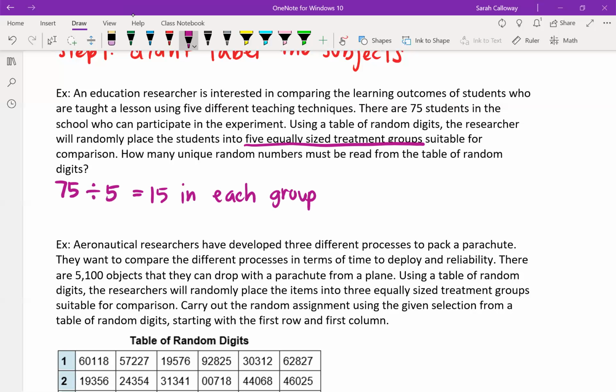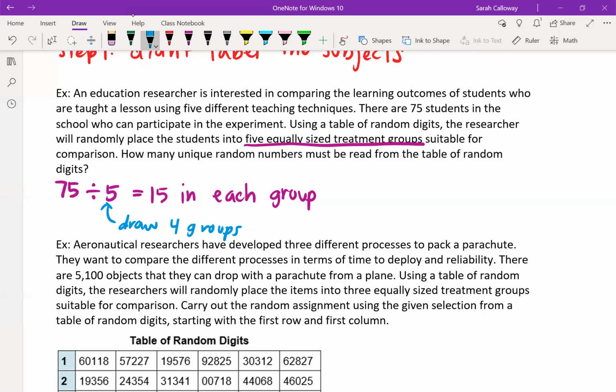When I'm drawing the names, I actually only have to draw for 4 groups. The reason being is that once I've got my fourth group drawn, I only have 15 names left. I don't have to draw those numbers or select those numbers to tell who's in that group.